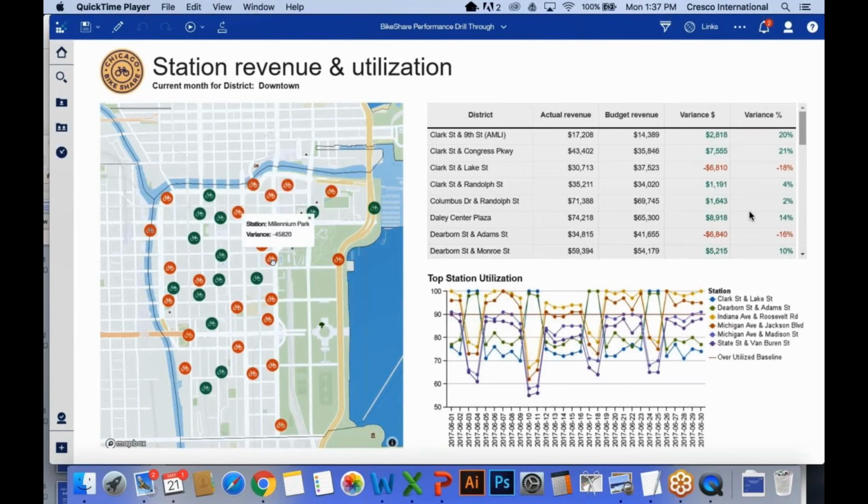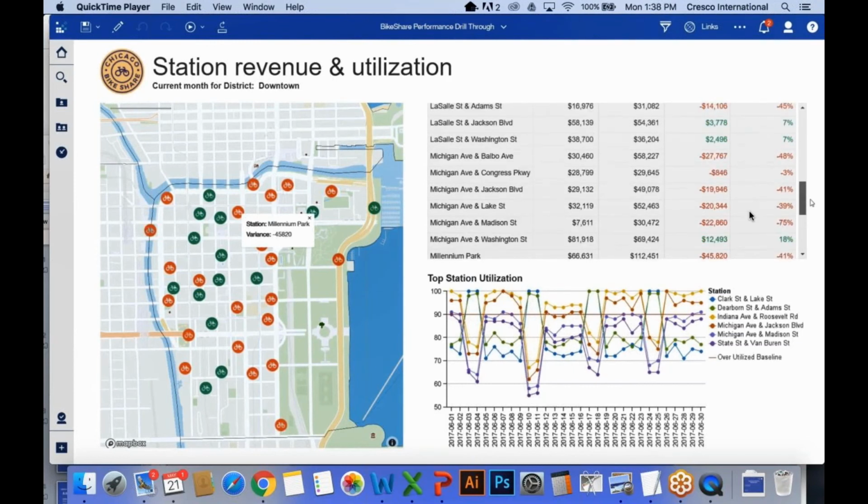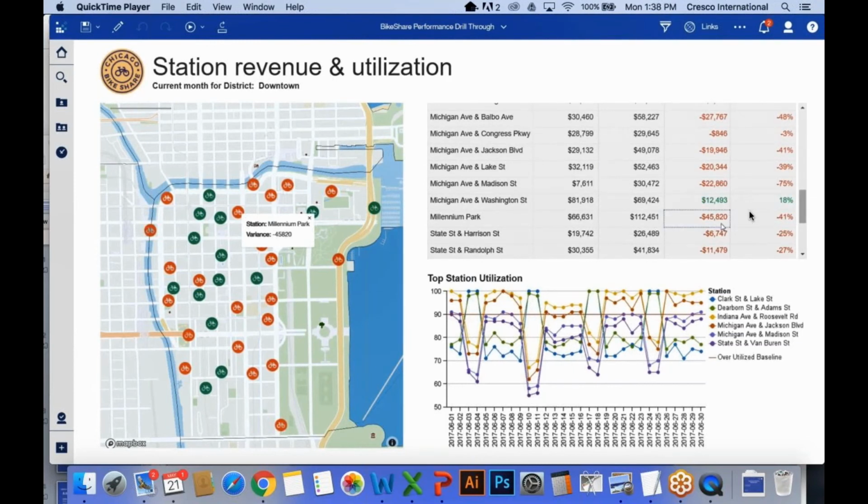On the right-hand side, I can look at a graphical representation as well as a tabular representation of the numbers of bikes going out, the revenue each station is producing, and why I am not doing well on the weekends in some locations, but doing really well on those same weekends in other locations. So any lost opportunity is obviously going to be loss of revenue. Once again, multiple technologies running in one integrated solution.